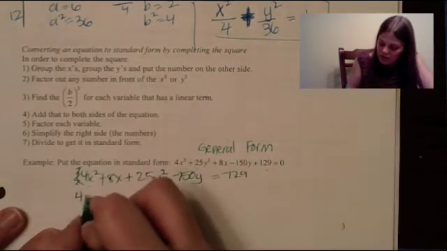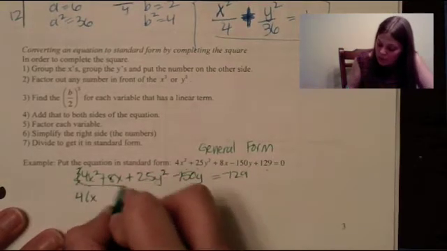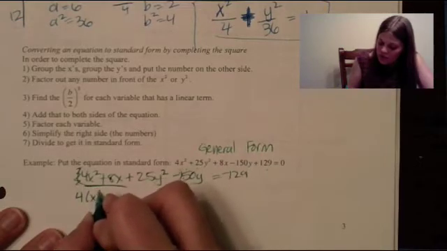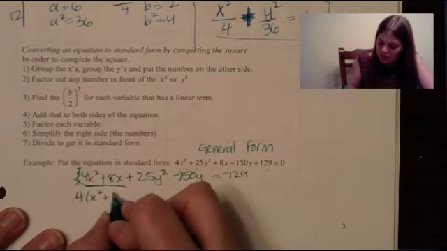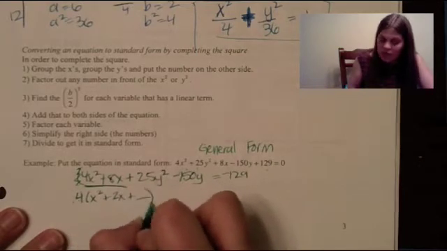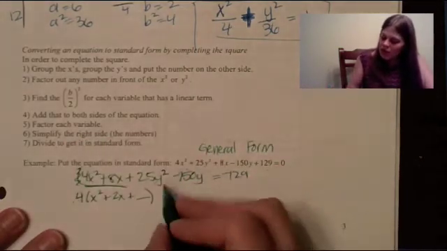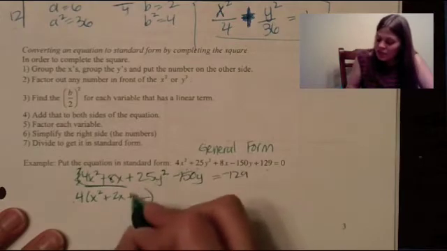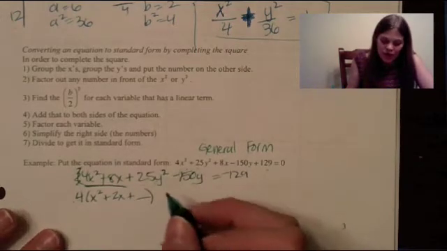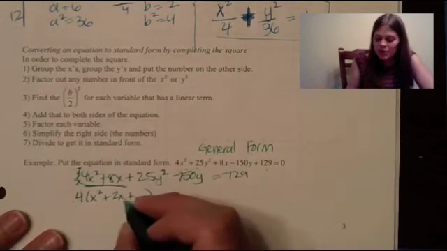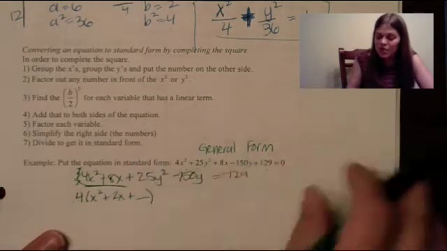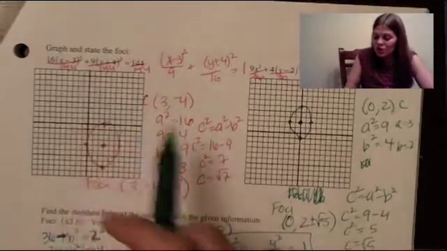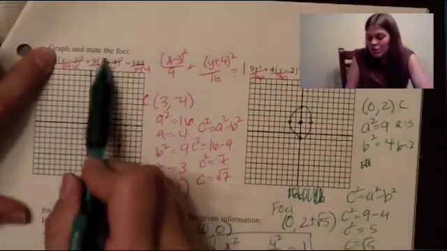So I'm going to take the 4 out of both of these terms. So 4 times x squared plus, 8 divided by 4 gives you 2x, plus a blank. The blank sets up what you're going to do for completing the square, so I'm going to put a number here so I can factor this so it ends up looking like our equation up here.